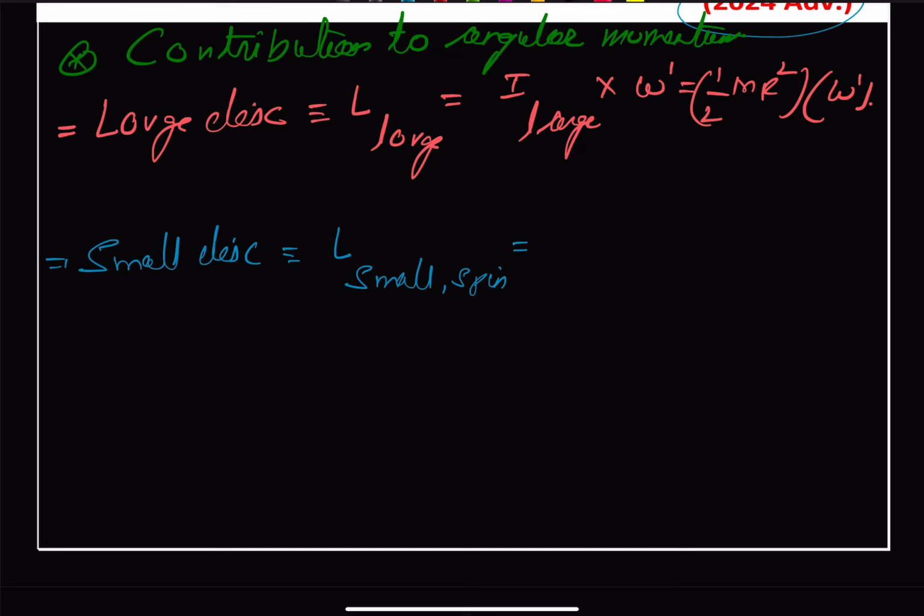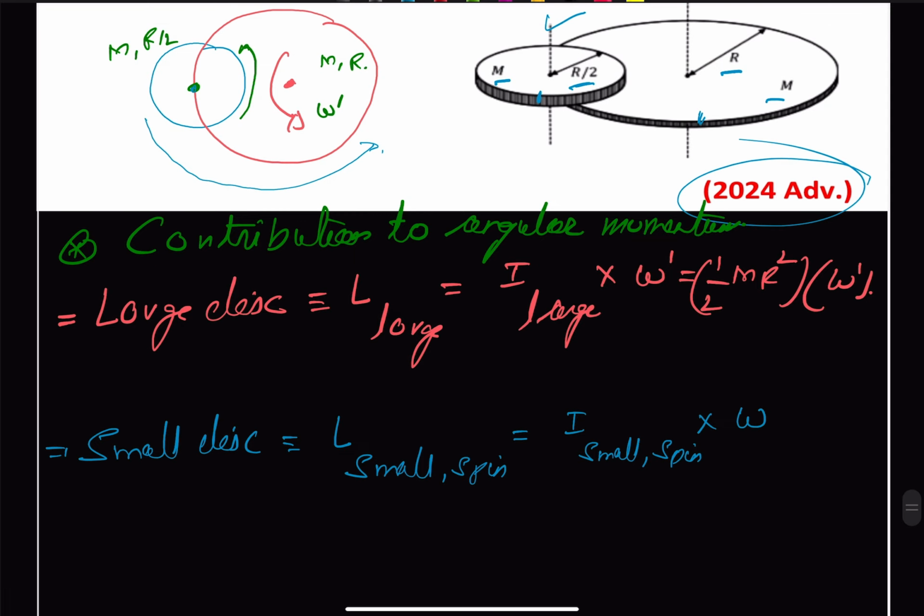So the angular momentum of the small disk when it is spinning about its own axis, we can write as the moment of inertia for the small disk in spin multiplied by its angular velocity omega. It is moving with the angular velocity of omega.